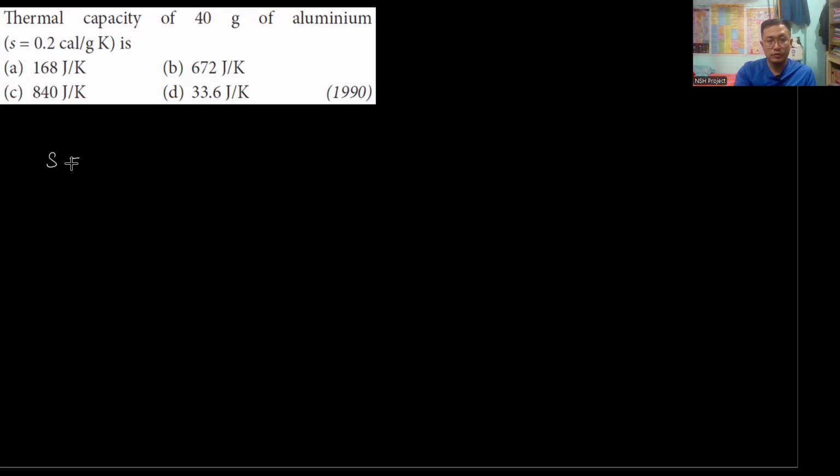Small s is equal to capital S by M, so S is equal to s into M. What is s? 0.2. Now calories to joule: 1 calorie is 4.18, or take 4.2.